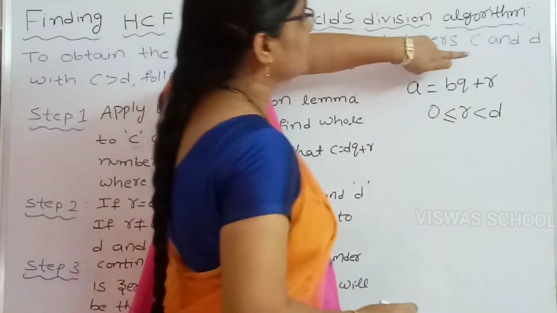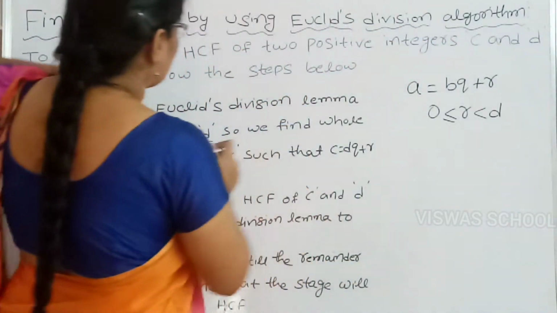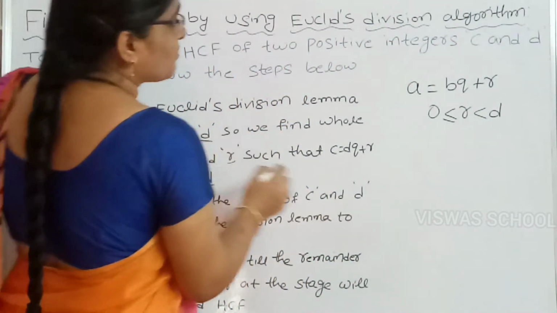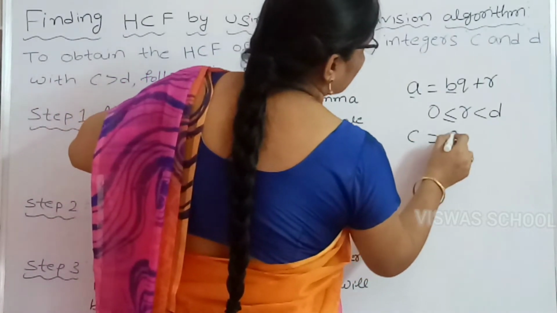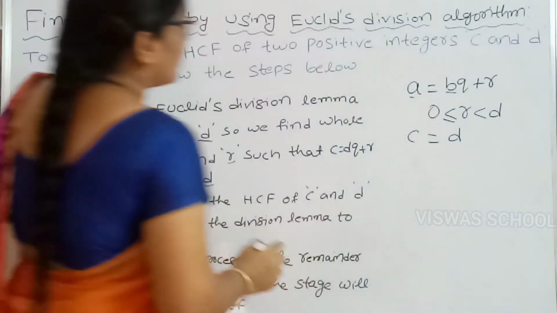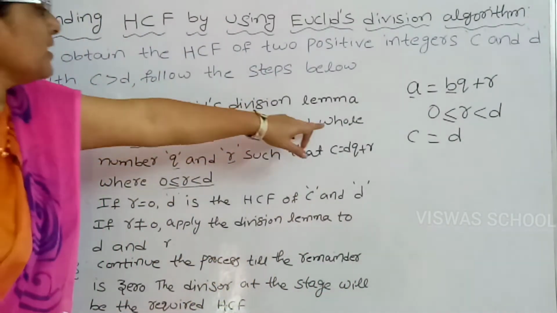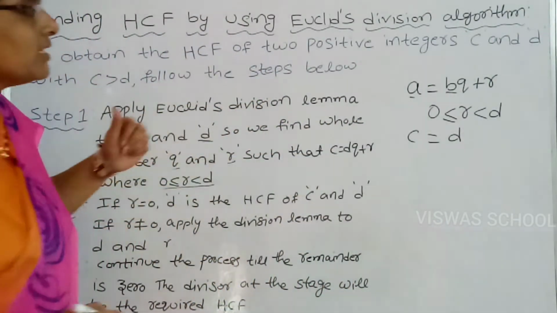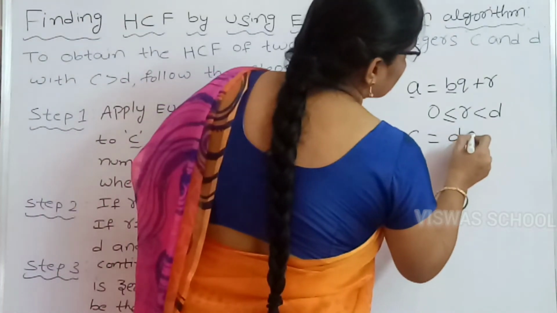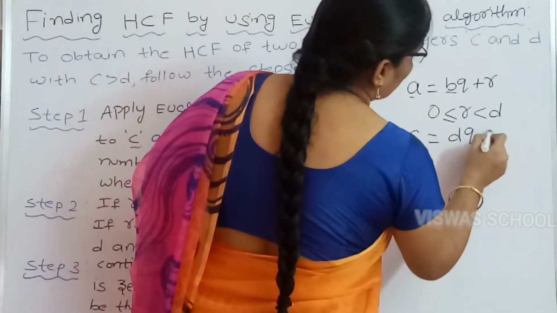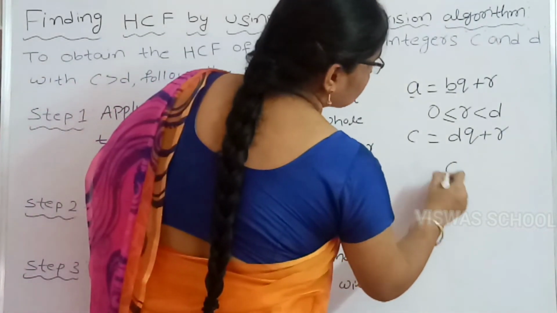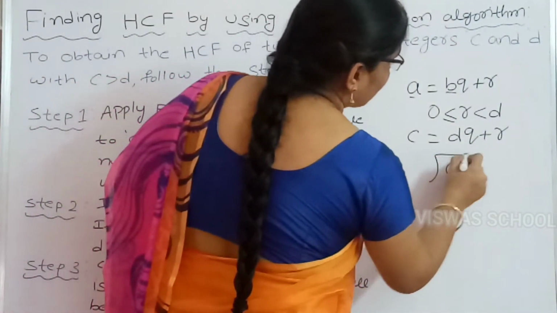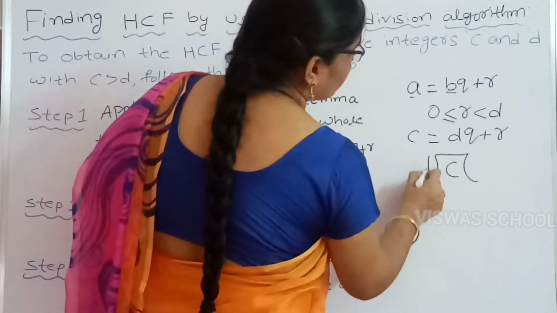That is, we are applying the lemma to c and d, so in the places of a and b we have c and d. That means we have to divide c by d.